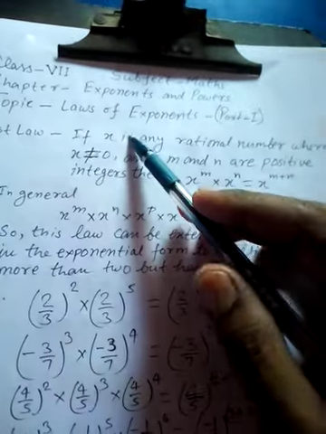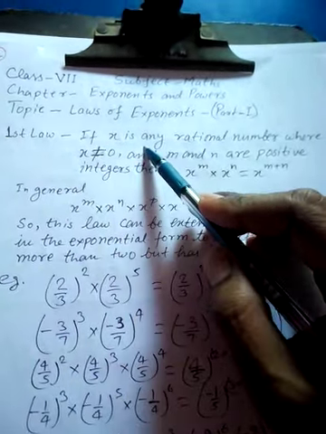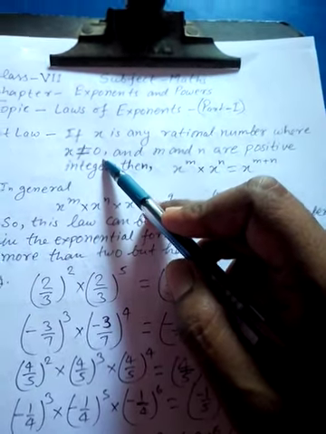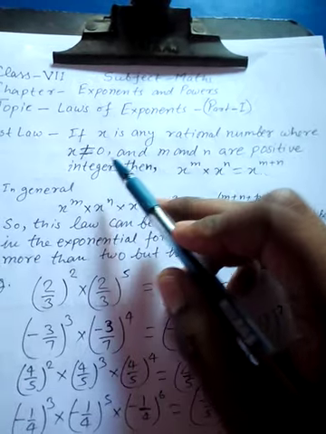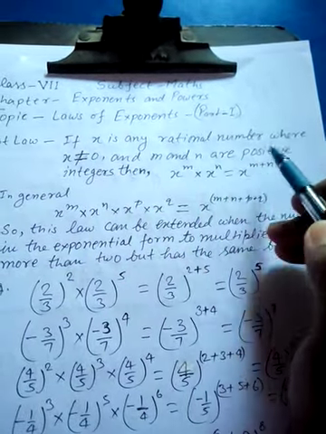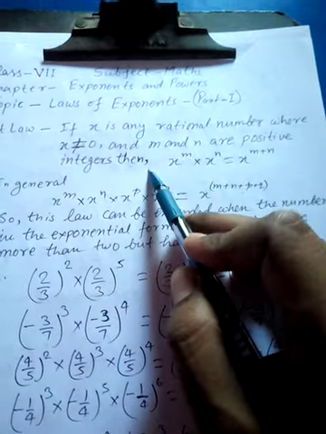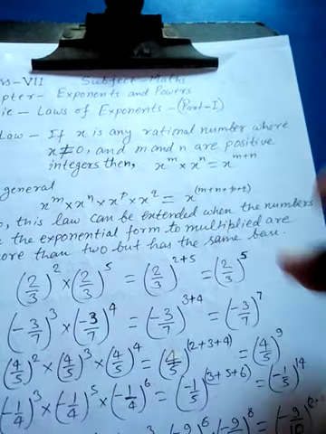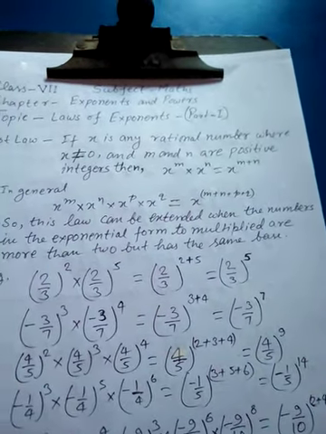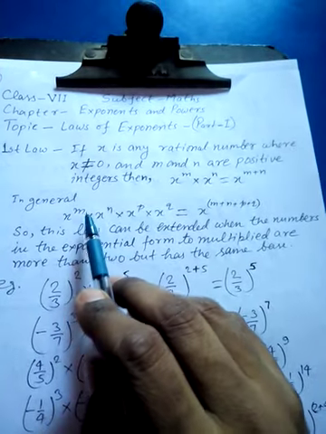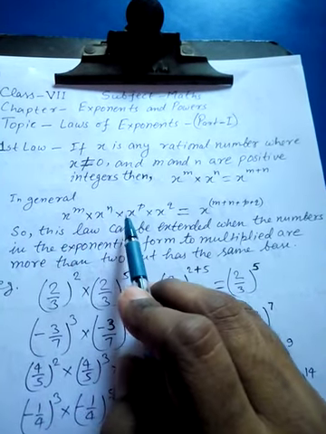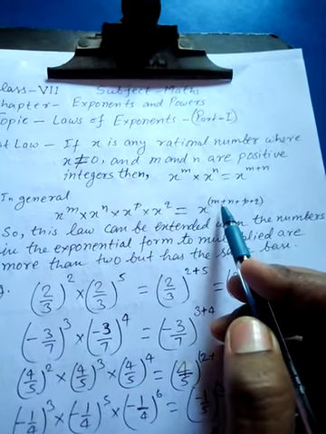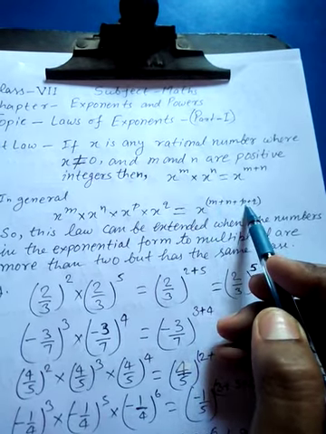In this first law, if x is any rational number where x is not equal to 0, that is, a non-zero rational number, and m and n are positive integers, then x to the power m into x to the power n equals x to the power m plus n. In general, x to the power m into x to the power n into x to the power p into x to the power q equals x to the power m plus n plus p plus q.